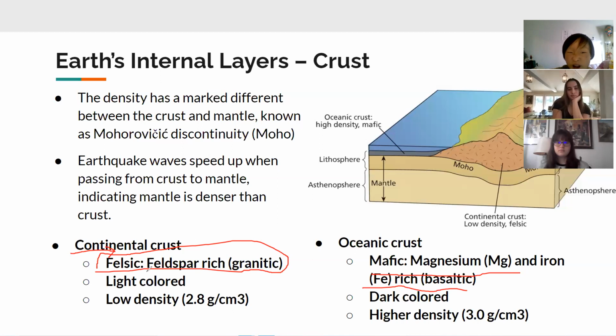This composition, we call that feldspar rich. Basically, you can tell a lot of granite. So you can see my rock here, I will say it's dark. It's rich in iron and magnesium. So I will say that probably comes from oceanic crust.